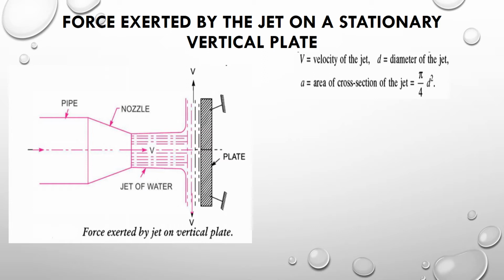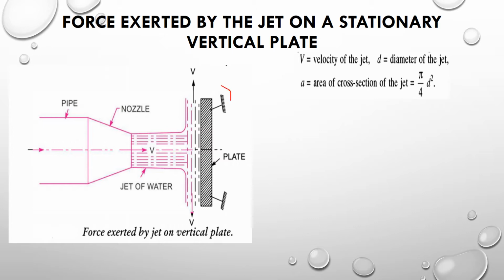So now let's look into the first case, that is force exerted by the jet on a stationary vertical plate. As you can see here, a pipe through which flow is taking place, and at the end of the pipe a nozzle is fitted, and from the nozzle water is getting ejected, and here is a stationary plate.